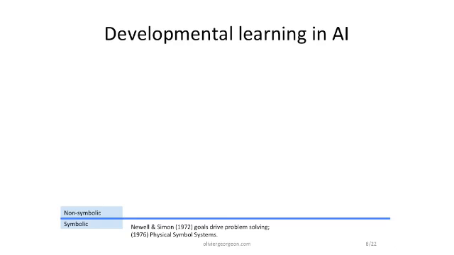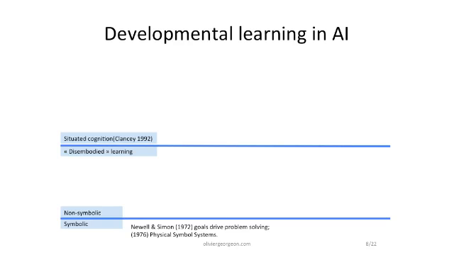So in the context of non-symbolic AI, there is another demarcation line. So this one is much less consensual, and it's less clear in the domain of AI. So it has been labeled situated cognition, for example, by Clancy, 1992.